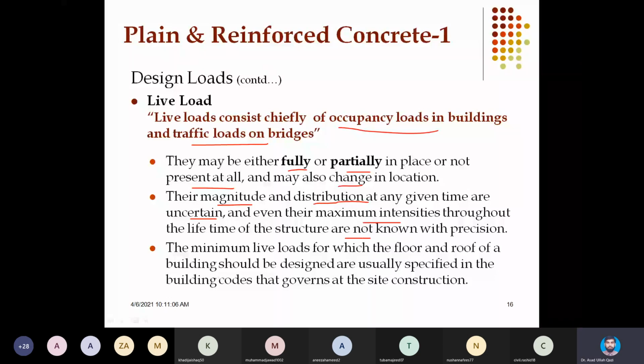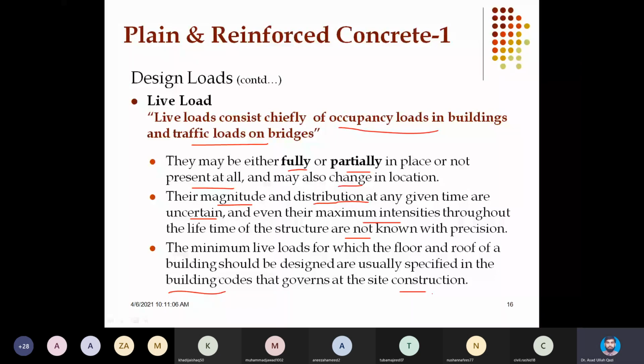So it means there is a probability attached, variability is there, but guidelines are present which can help us to decide the occupancy load with reference to type of the buildings. The minimum live loads for which the floor and roof of the building should be designed are usually specified in the building codes that govern at the site of construction.